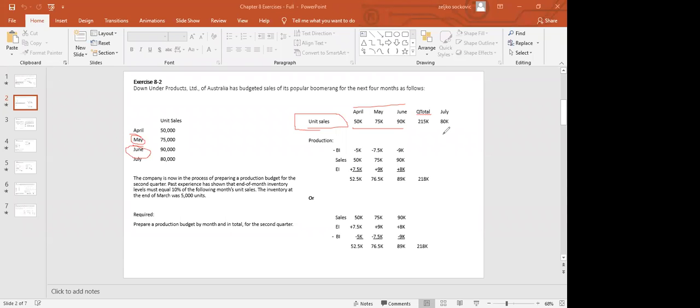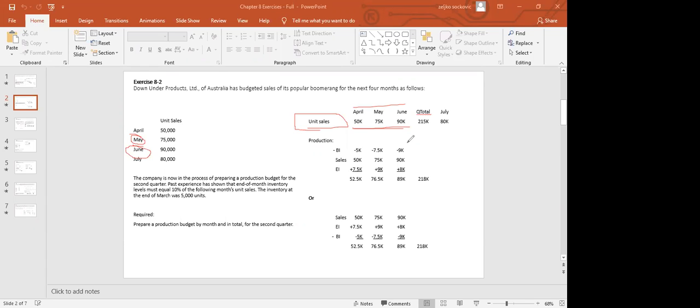So we say, okay, we have our sales here, units, no dollar amount, right? But it can be a dollar amount too. So units are translated into dollars. It doesn't matter.